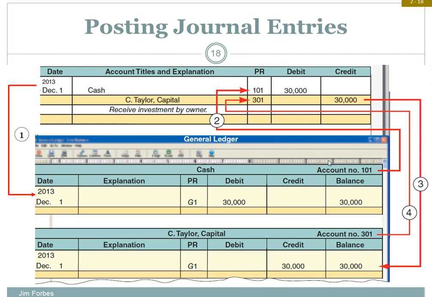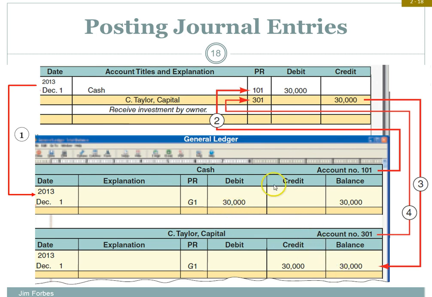Posting your journal entries. So once you've journalized, so here you put this into your general journal, and we have a transaction here. Cash being contributed to the account. Again, don't use these account numbers. I'm not worried about it at this point in time. This is more for a computerized system. And then we have to post these amounts into the general ledger account.